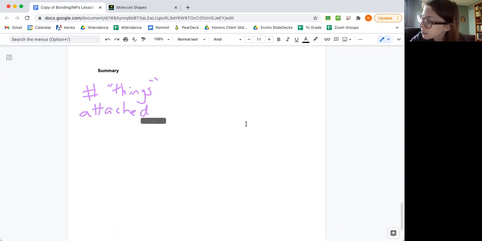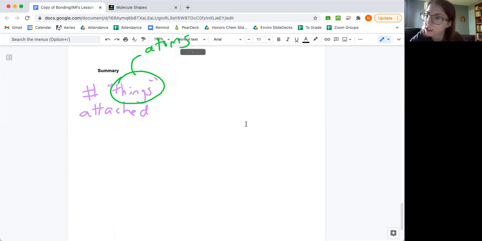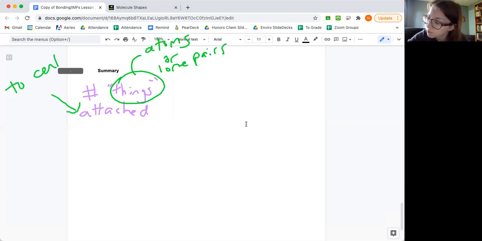Just be very clear that what I mean by things are either atoms, so again, single versus double versus triple bond wouldn't matter, or lone pairs. And I specifically mean attached to the central atom.